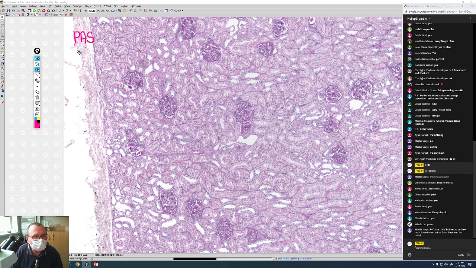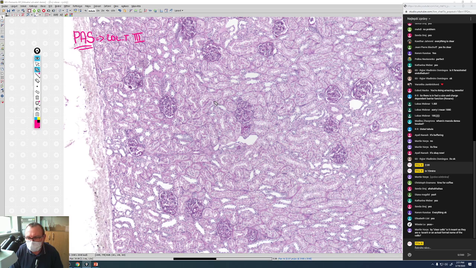So PAS reaction is in this case showing collagen type 3 mainly. Of course, we can use it also in other slides where it will visualize mucus or cartilaginous matrix, but it isn't the case of kidney.